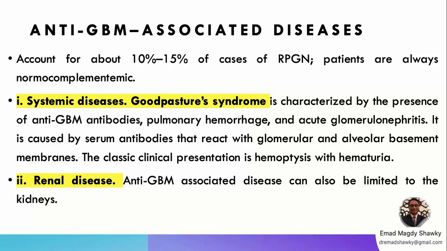So all the forms can present as systemic and renal limited. So we found the immune complex can be systemic or renal limited. The autoimmune can be systemic pulmonary renal syndromes like Wegener's, Churg-Strauss, and granulomatous polyangiitis, and maybe renal limited. All of them may be systemic and may be renal limited.